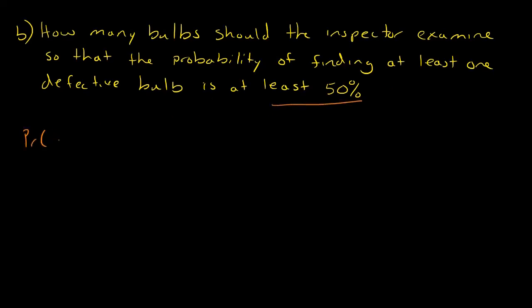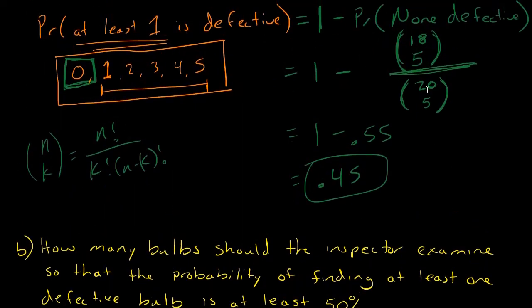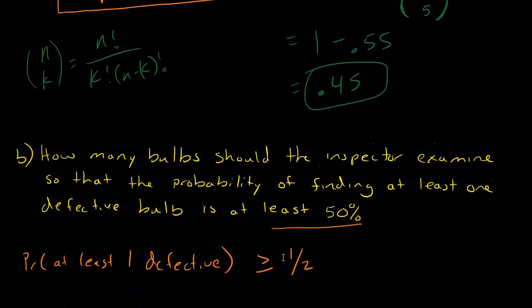So now I want the probability of at least one defective to be greater than or equal to half, or 0.5, because it needs to be at least 50%. And I don't know how many I'm going to be sampling. Before I was sampling 5, now I don't know how many I'm going to sample.